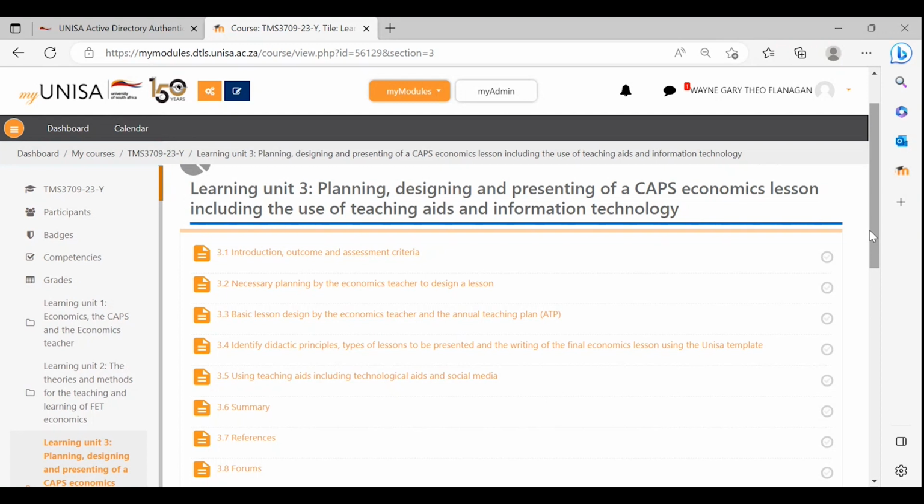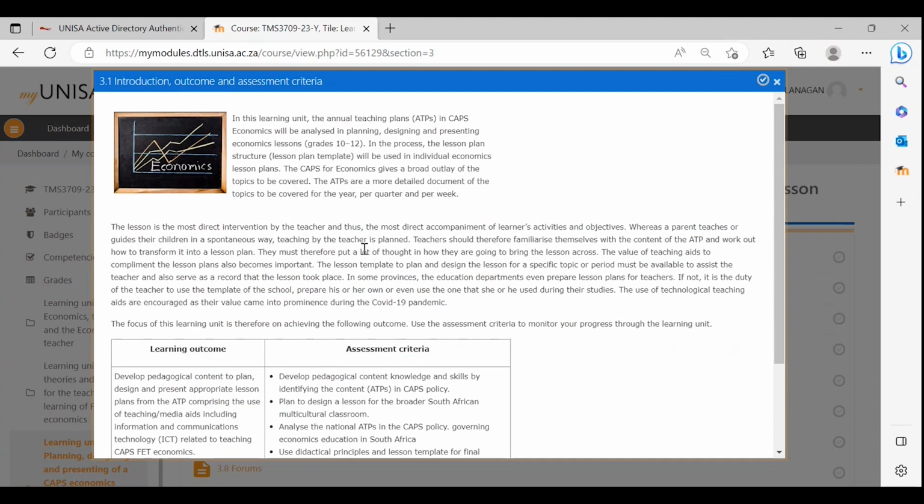Now, Learning Unit 3 is what I want to look at today, and it consists of the introduction and assessment criteria. It says in this learning unit, the annual teaching plan in CAPS economics will be analyzed in planning, designing, and presenting economics lessons for grade 10 to 12.